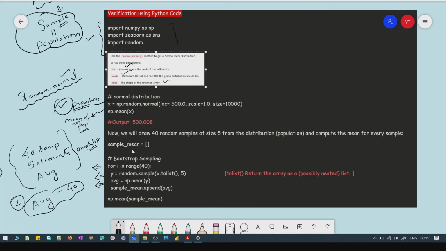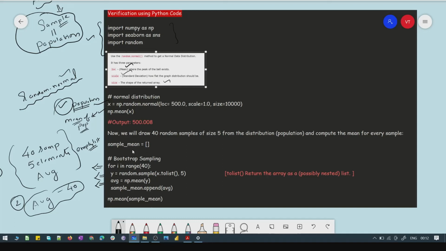First, for i in range(40) means that I need 40 buckets to be formed, and then I'm specifying how many elements we need. That's what I mentioned with random.sample, where I'm converting x.tolist(). x is a variable which holds the population, and I'm taking 5 elements from it, picking random values.